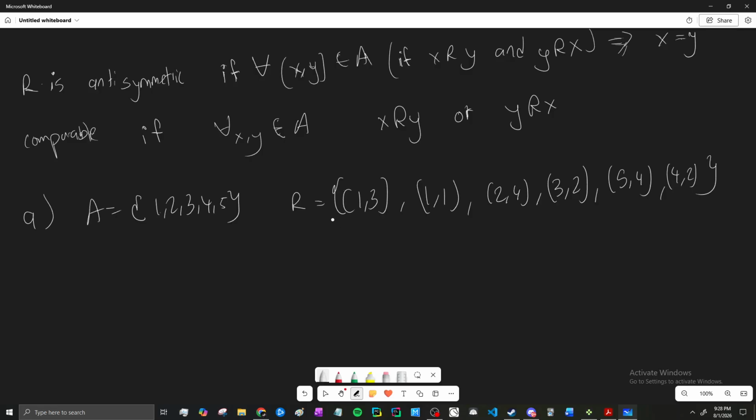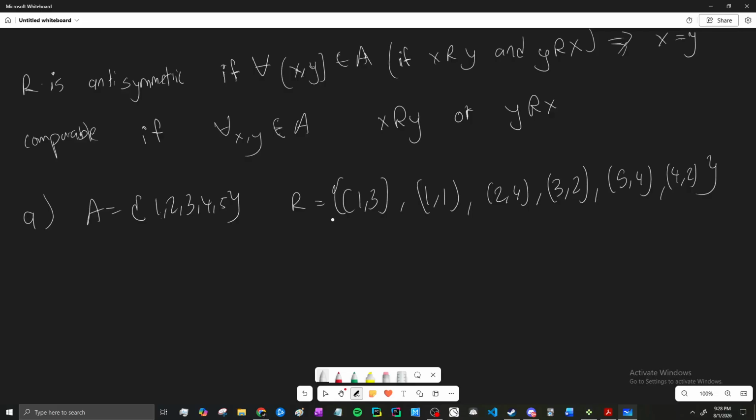So we're given 1, 2, so anti-symmetric, right? Let's see. The first one is 1, 1.